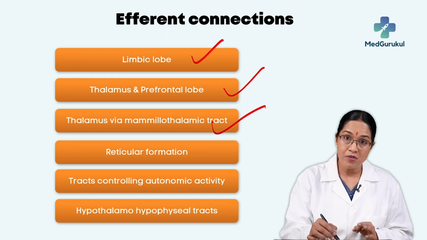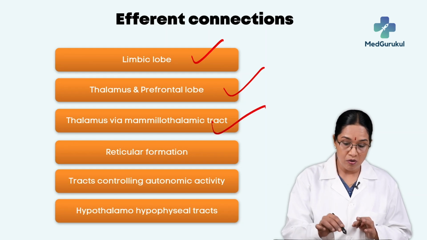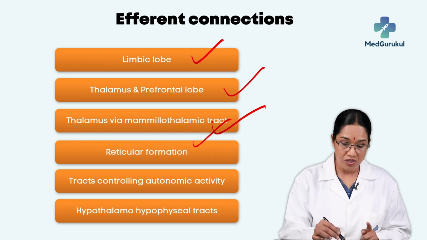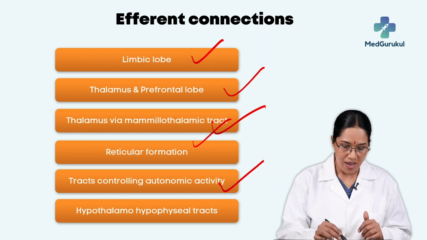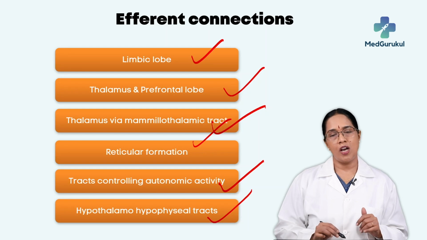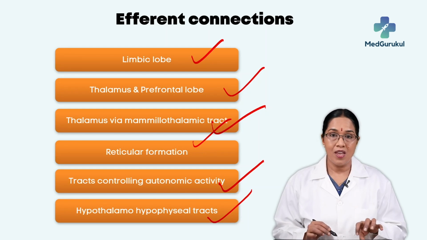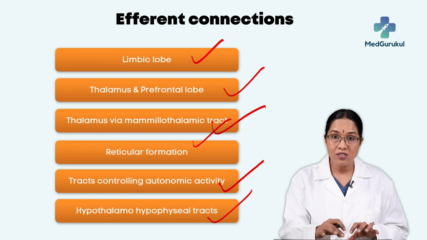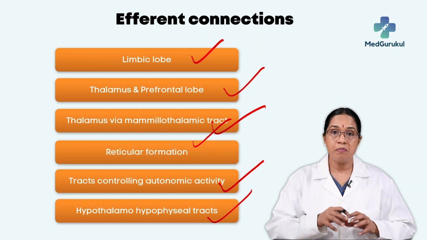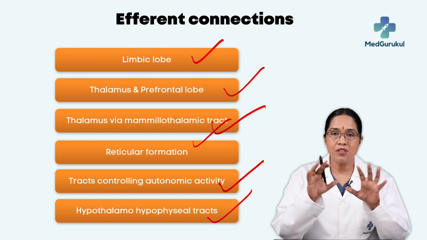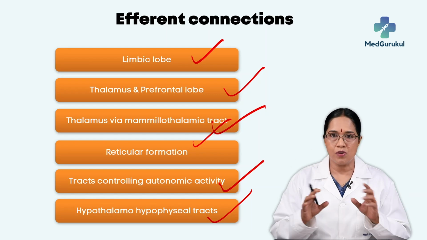It goes to the thalamus via the mammillothalamic tract, to the reticular formation, to all the tracts which are controlling autonomic activity, and fifth, the hypothalamo-hypophyseal tract. So, it is through these efferent connections that the hypothalamus exerts its control over different control systems of the body.